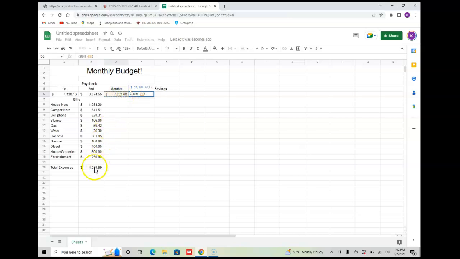Negative that. Plus that. If I'm not mistaken, that should be correct. I am just double checking on my calculator at the moment.